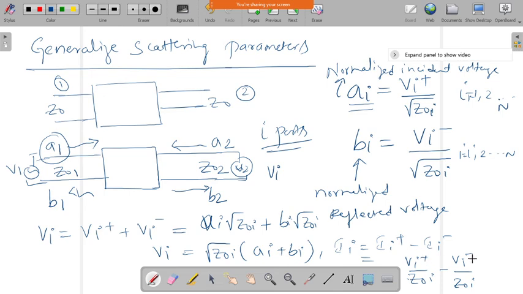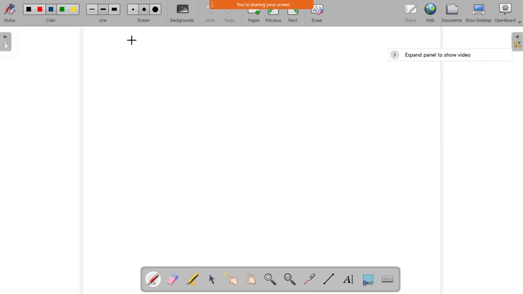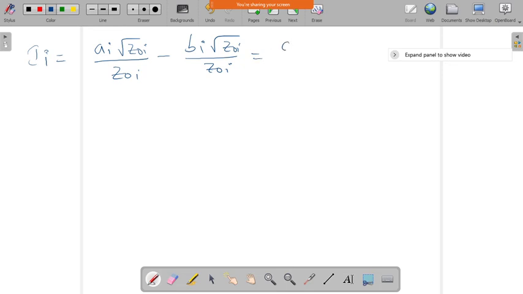Now we know Vi plus and Vi minus in terms of the normalized voltages. If I substitute that, we get Ii equal to Ai into root of ZOi divided by ZOi minus Bi into root of ZOi divided by ZOi. So we can write this as (Ai minus Bi) divided by root of ZOi. This is your Ii.